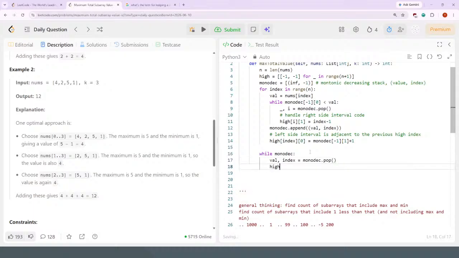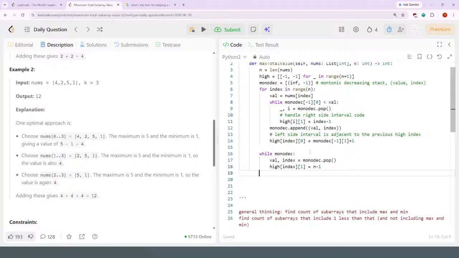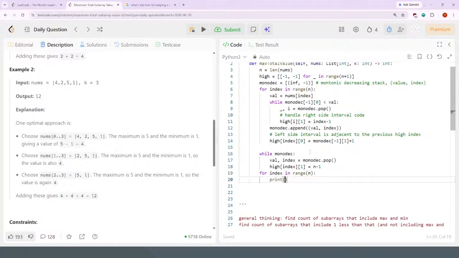And high at this index, the right side of it is going to be inclusive up to n-1. Okay, and then let's go ahead and print, for every index in range n, the high of this index 0 and the high of this index 1.